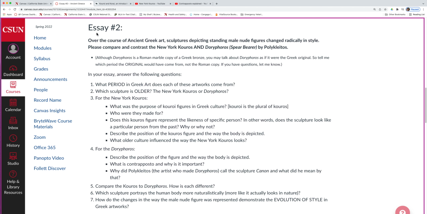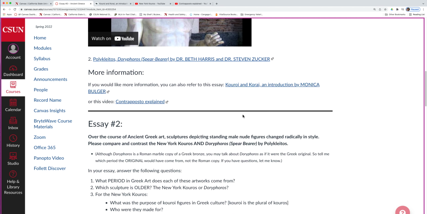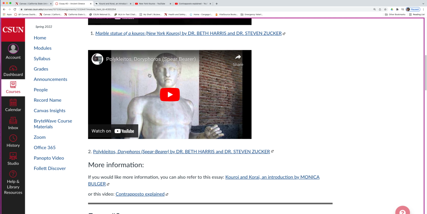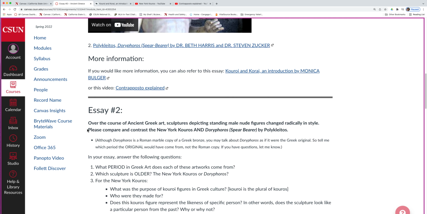All right, so for essay number 2, here is the prompt. Over the course of ancient Greek art, sculptures depicting standing male nude figures, and you can see that both of these are standing male nude figures, changed radically in style.